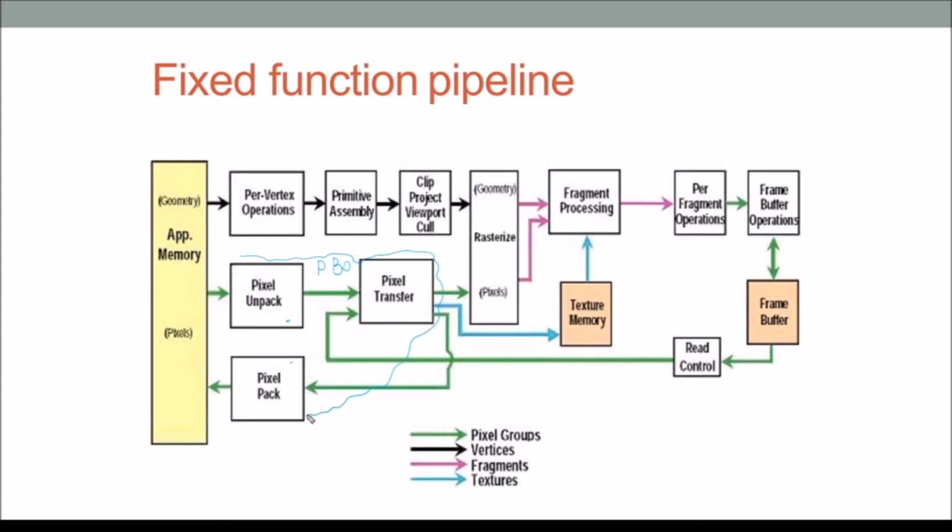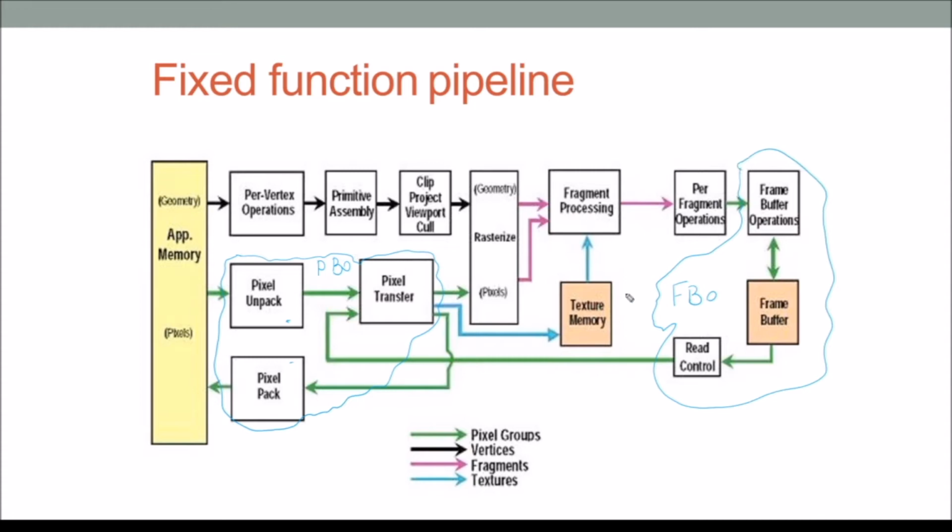Okay, and there's another one. I will do another lecture on frame buffers, which is called FBO, something that falls into this area right here. This is called frame buffer operations or the frame buffer object. That is what comes here, right?